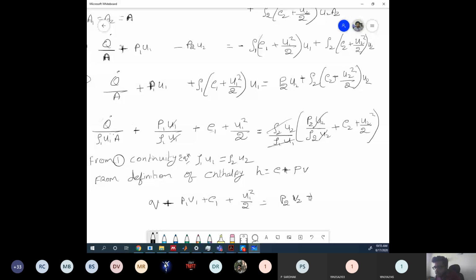Now can I write p1 v1 plus e1 as h1? I'll write this as h1, from the definition of enthalpy. So h1 plus u1 square by 2 is equal to h2 plus u2 square by 2.